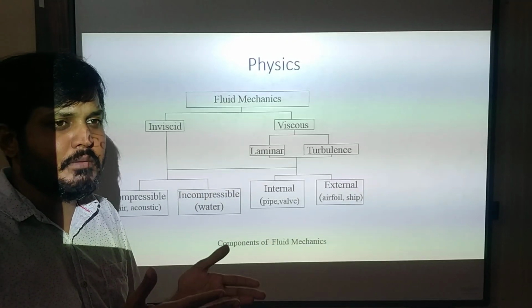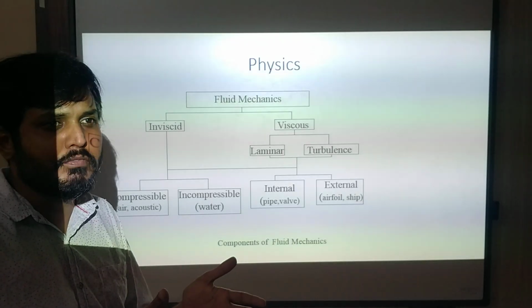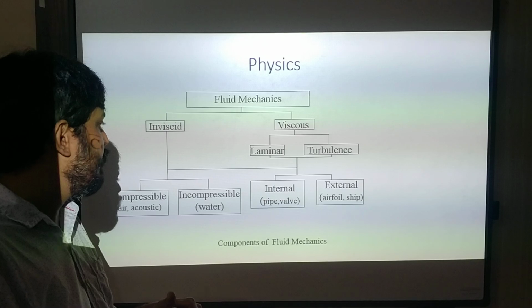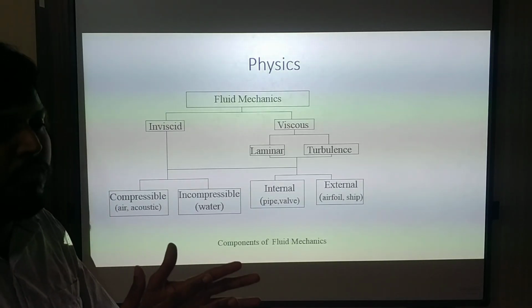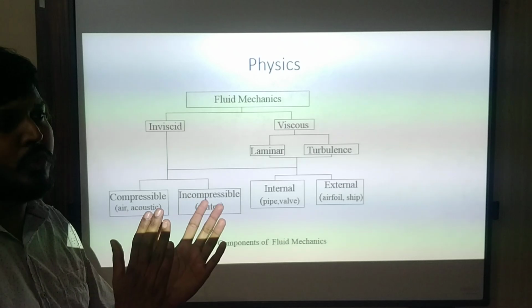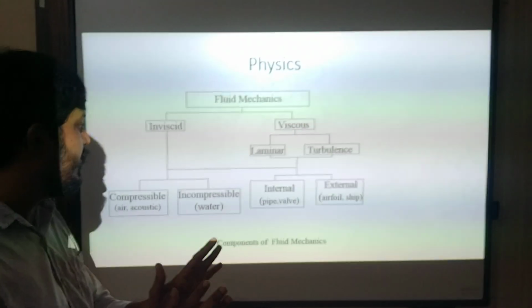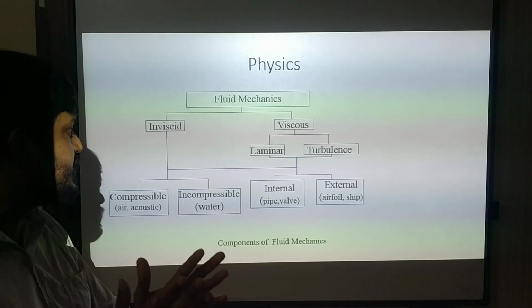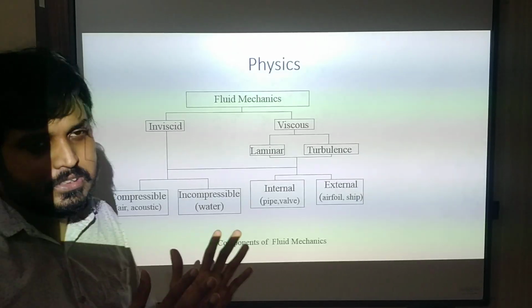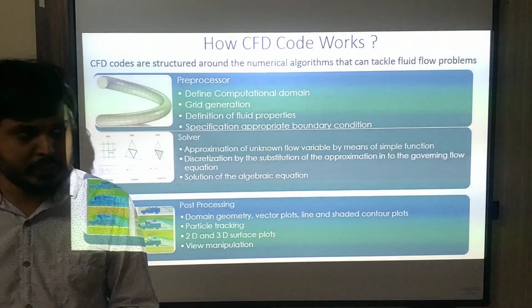An example of internal flow is pipe flow. External flow is fluid flow over a flat plate, fluid flow over an aerofoil, fluid flow over a ship, fluid flow through building passages. Viscous flow may be laminar or turbulent. This is all the physics behind your fluid mechanics.